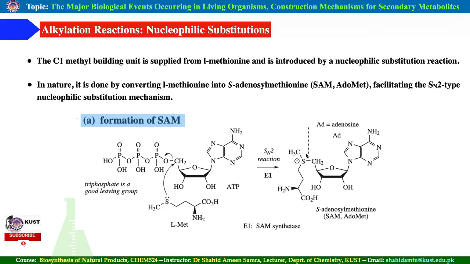Out of these groups, because this methyl group is very small, its ionization will be far more as compared to the other two carbons. So this carbon may take part in the following reaction. So this whole transformation is happening through an SN2 reaction. And the enzyme involved here is SAM synthetase, the enzyme responsible for the synthesis of this molecule.